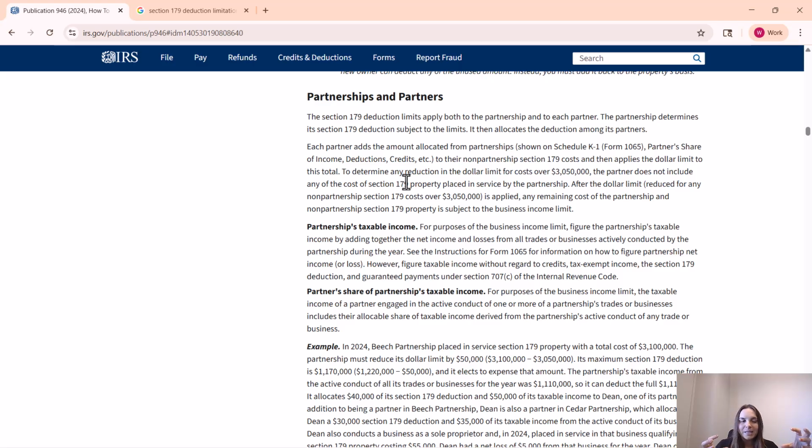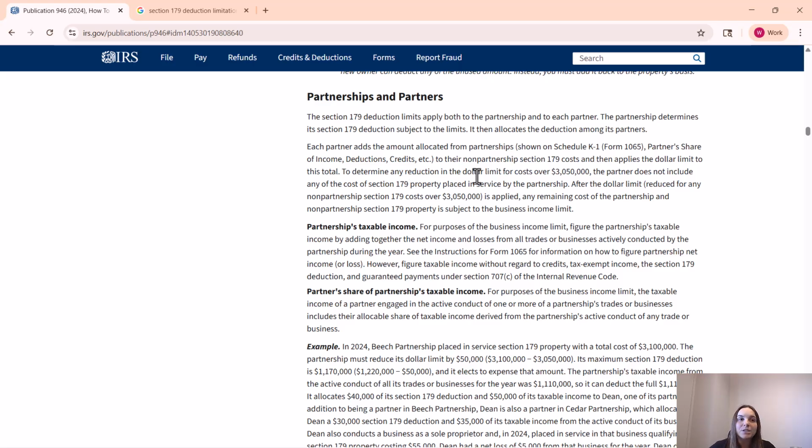So when we consider Section 179 deductions, we have to consider them on the business level as a whole, and then we also have to consider them on the business owner level, because the business itself has limitations, but so do the owners in that business when it comes to partnerships and S corporations, okay?